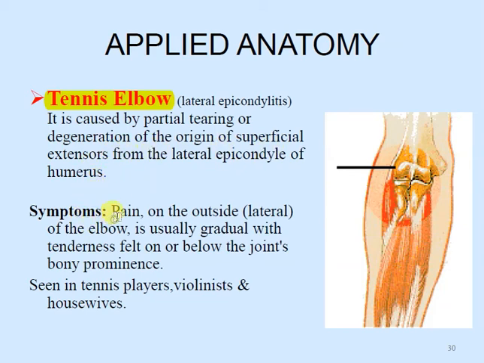As a symptom, you can see there is pain on the outside or lateral part of the elbow, usually gradual, with tenderness felt on or below the joint's prominence. Tenderness is a kind of pain that you can feel.